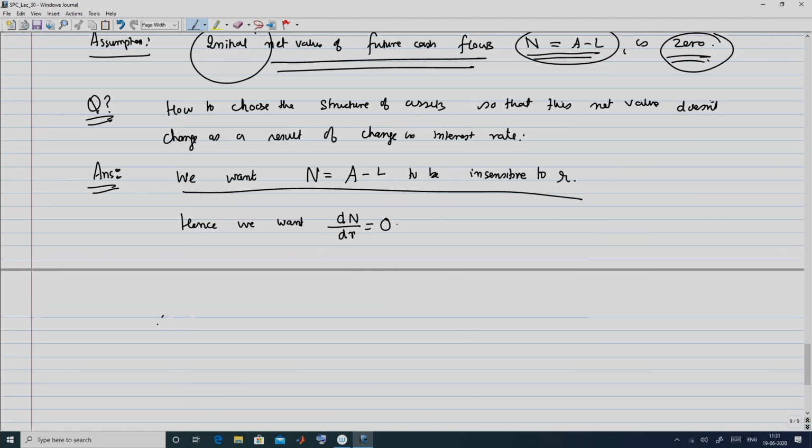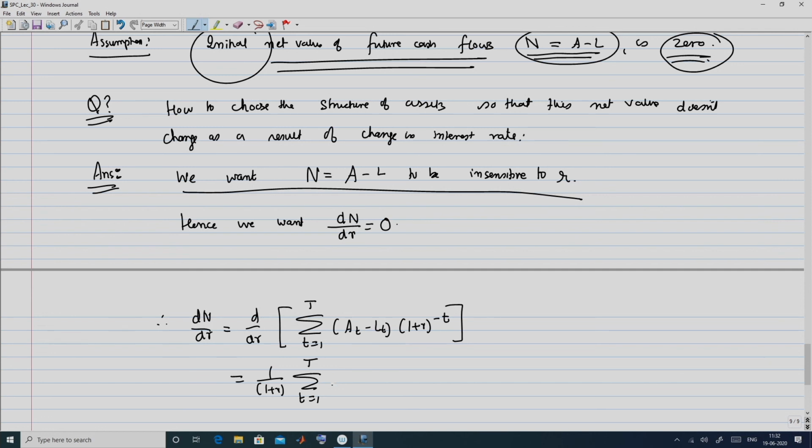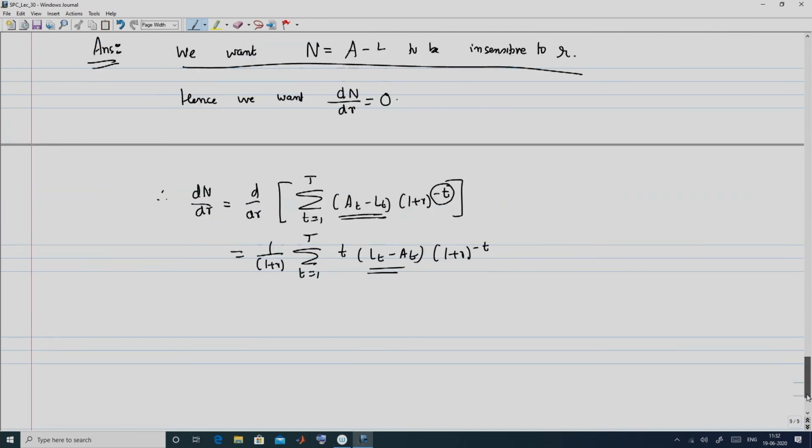All right. So, therefore, what is going to be my dN/dr? dN/dr is nothing but the derivative with respect to r of A minus L, and A minus L is the summation of (A_t minus L_t) into (1 plus r) raised to minus t, t equal to 1 to capital T. If you take the derivative, this is 1 over (1 plus r) times the summation t equal to 1 to capital T of t into (L_t minus A_t) into (1 plus r) raised to minus t, because the derivative involves minus t, so I change this sign and make this L_t minus A_t.